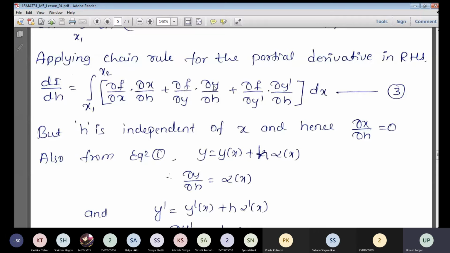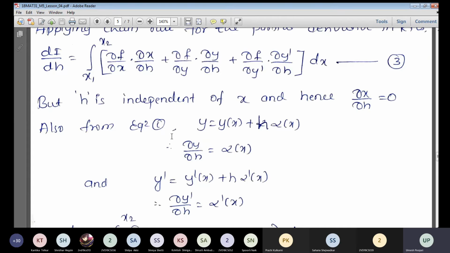But you have to find dou y by dou h and dou y dash by dou h. How will you find out? From equation 1, our neighboring curve. Which is the neighboring curve? y equal to y of x plus h into alpha of x. If you differentiate y partially with respect to h, the derivative of y of x is 0 because you are differentiating partially; y of x acts as a constant.